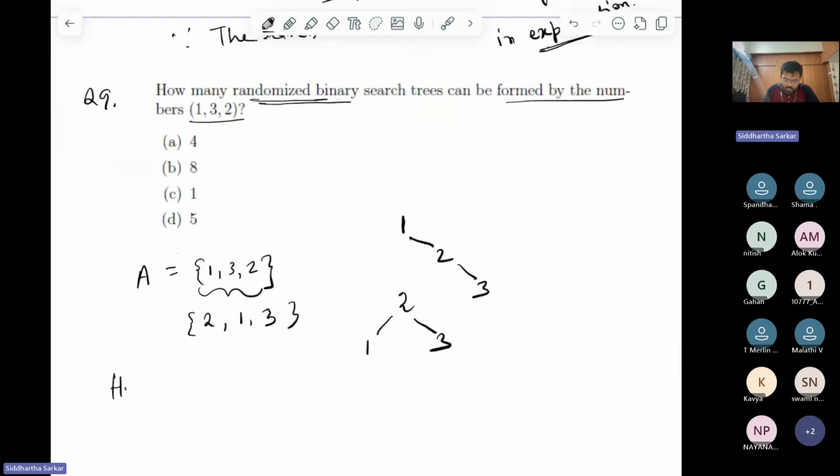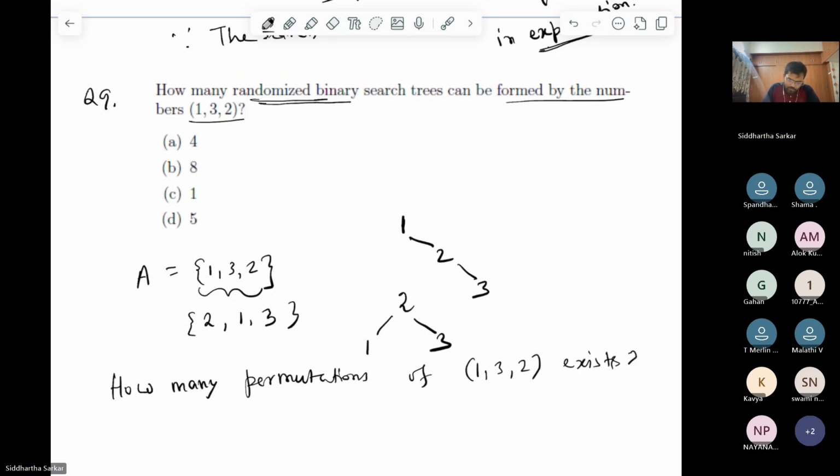So how many permutations of 1, 3, 2 exist? Yes, the three numbers give 3 factorial, 6 permutations.